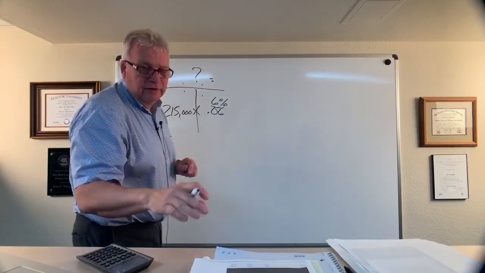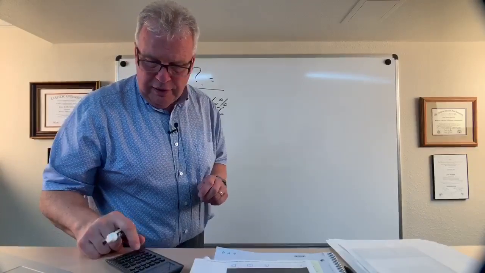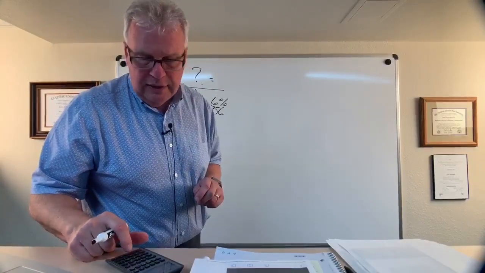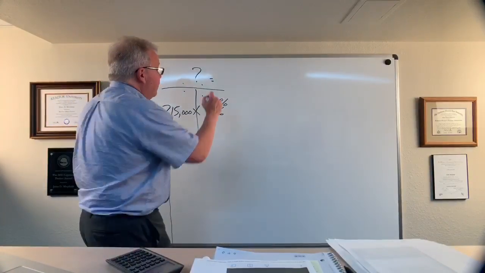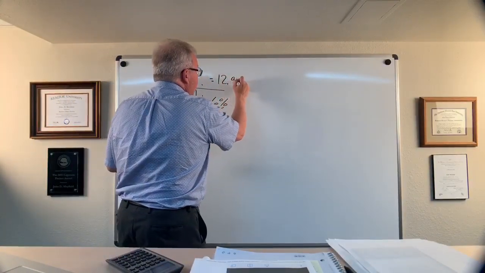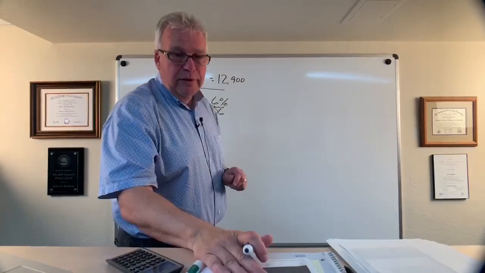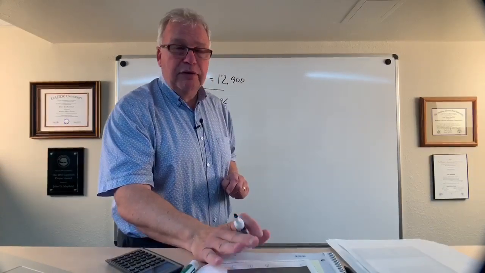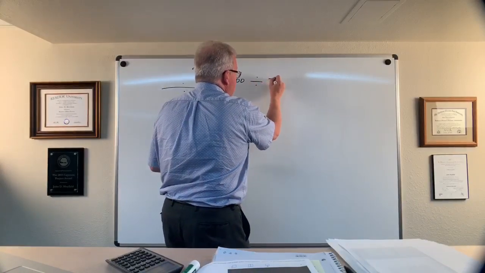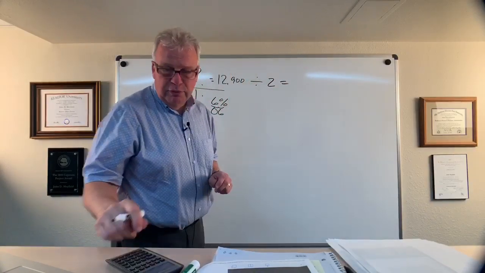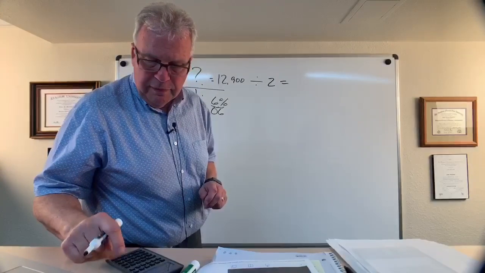So what is the total commission? Well, the commission is $215,000 times 0.06, which is $12,900. Now, it said earlier in the problem that Mayfield's going to split it equally with any broker that sells it. So if we divide that by 2, how much will Terry's broker receive?